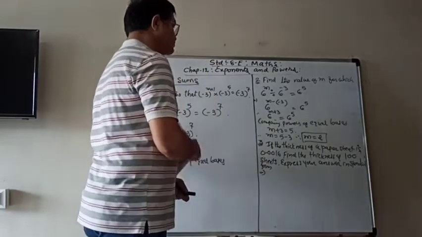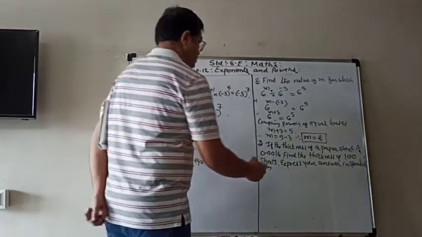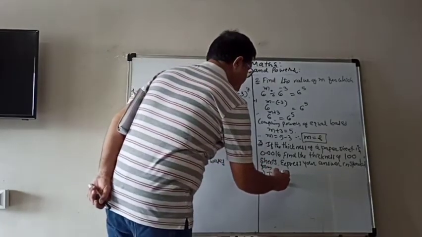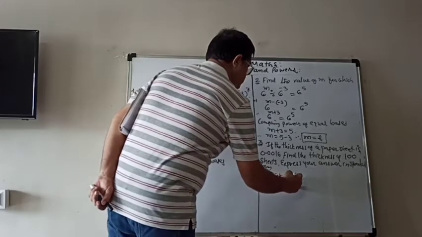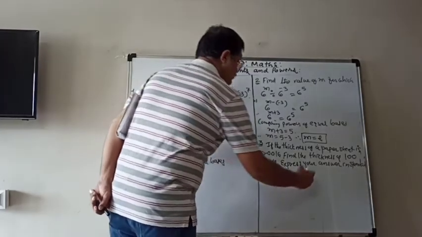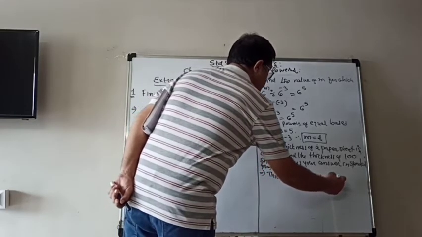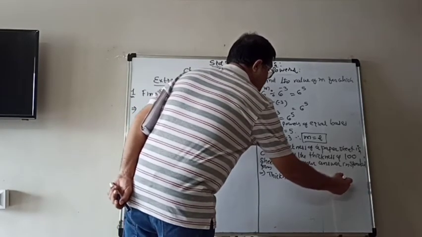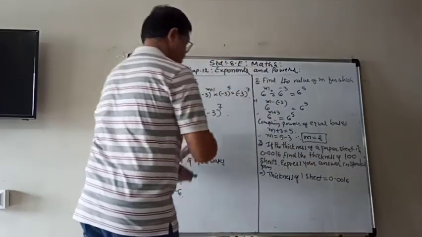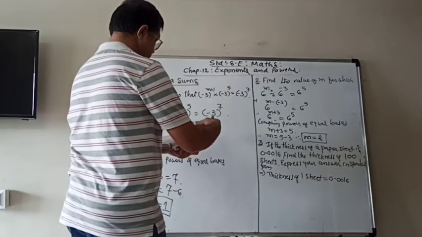So now, thickness of one sheet is equal to 0.0016. Let me say in centimeter.